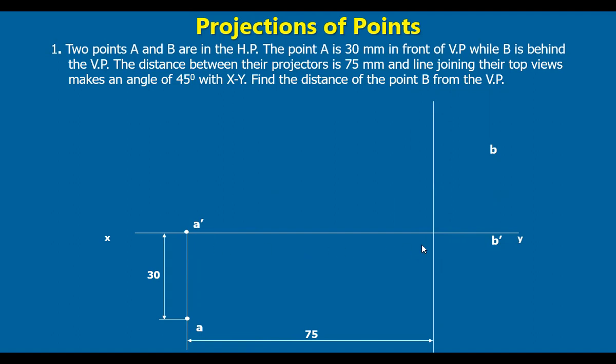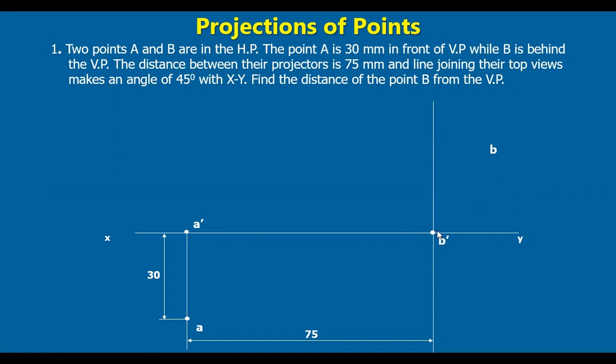Now on this projector we are going to have B and B dash, both the projections. Because we know that B dash is on the reference line, the intersection point of these two lines gives the point B dash. So mark B dash here.